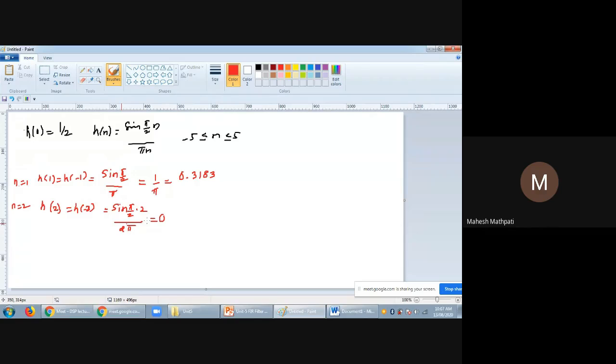Likewise, calculate the third value. h of 3 equals h of minus 3 equals, can you calculate that?